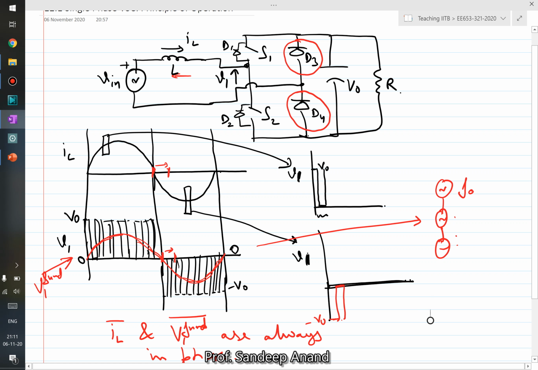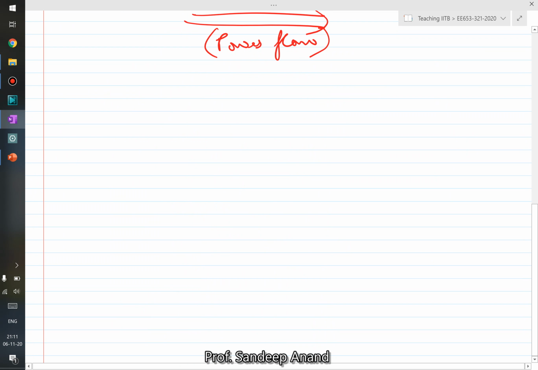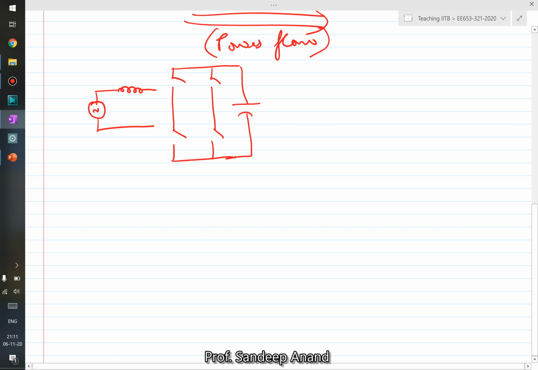Let me draw the circuit. So you have source, inductor, and now you have one leg, you have another leg, and this is your S1.